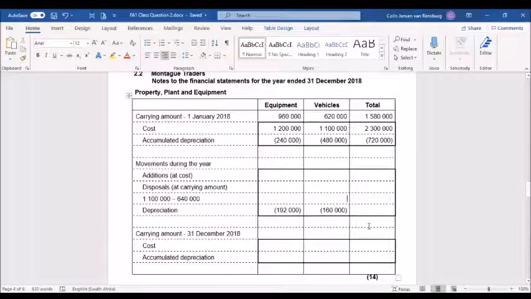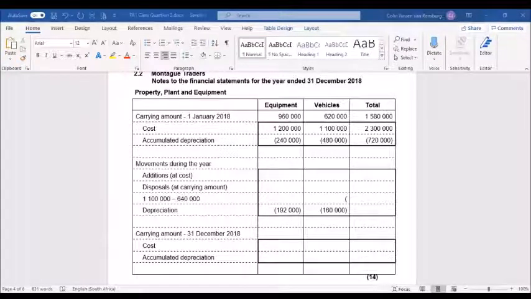Remember the disposal. Maybe I can just ask you that first. The disposal of an asset, will it increase or decrease your net carrying amount? You can type for me, please. Increase or decrease? Thank you, Lubabalo, Nikusana.